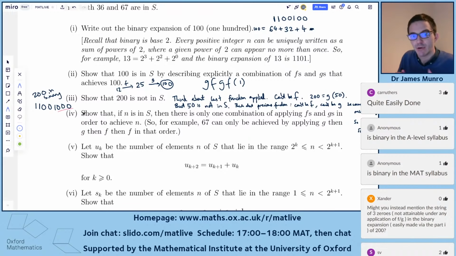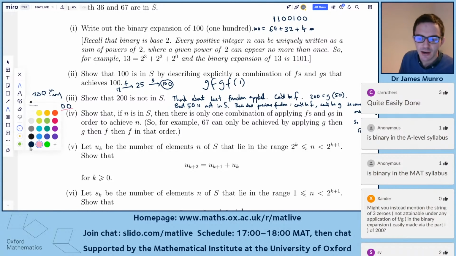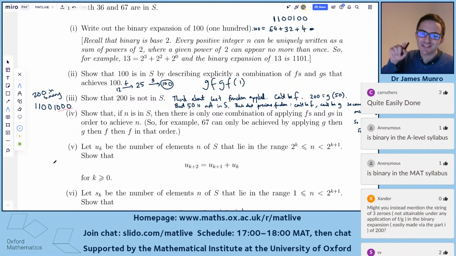The functions only write 1 or they write 2 zeros at the same time. So some people did it like that, which is a completely different argument, sort of. It's a slightly more advanced argument because it involves binary, which some people don't really like, and also because it shows you can't do other numbers as well. It's a more precise statement about which numbers you can make.